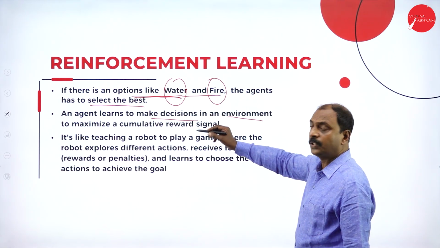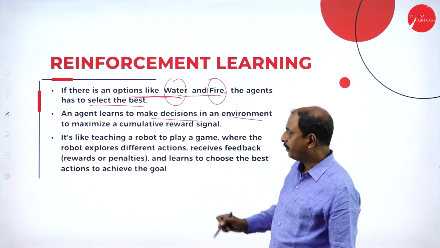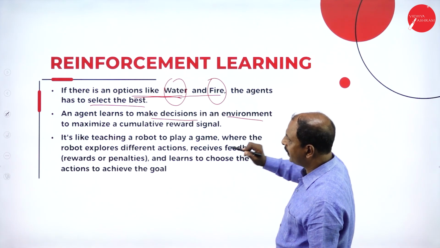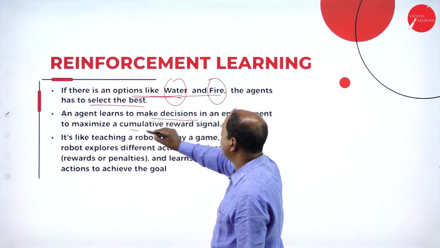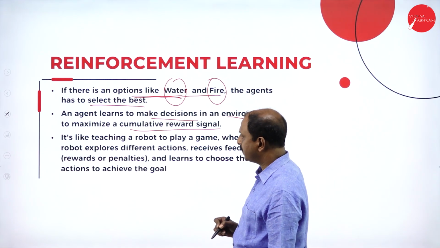See, in the example I told you about, water is an environment, fire is an environment. In the previous example, the chessboard is an environment. So, learn from the environment to maximize cumulative reward signals. So, this is the cumulative reward signal.